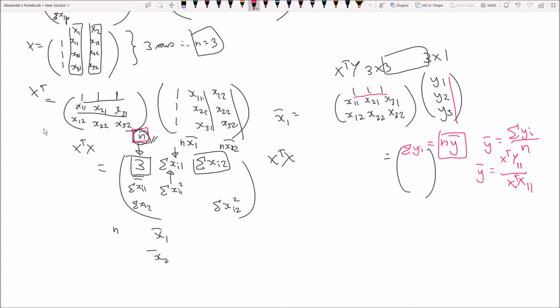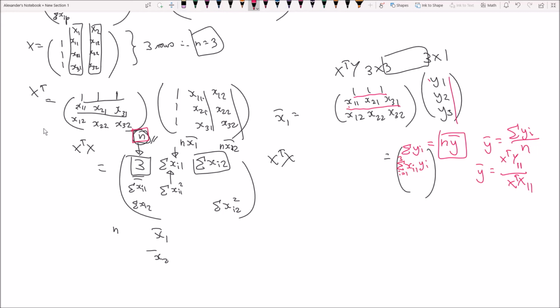The next row is x11 times y1 plus x21 times y2 plus x31 times y3. So we can see that this is the summation of xi1 times yi, from i equals 1 to 3.